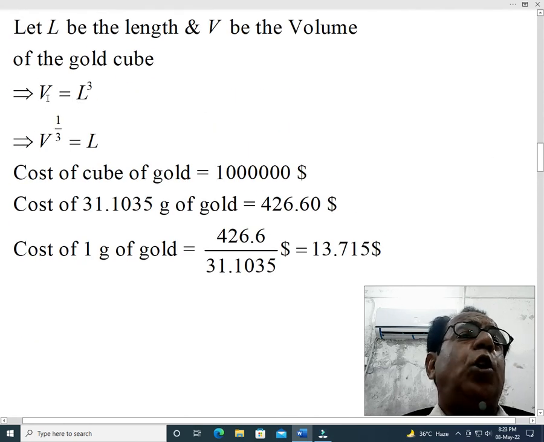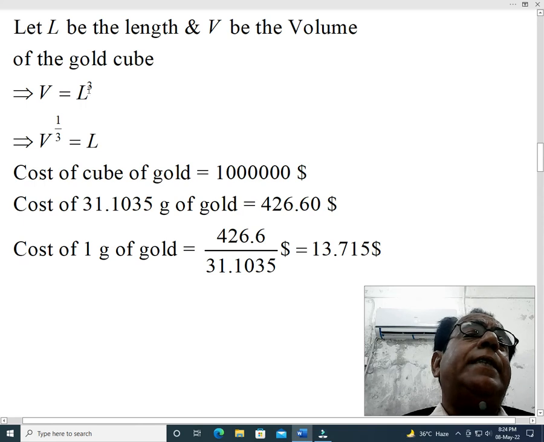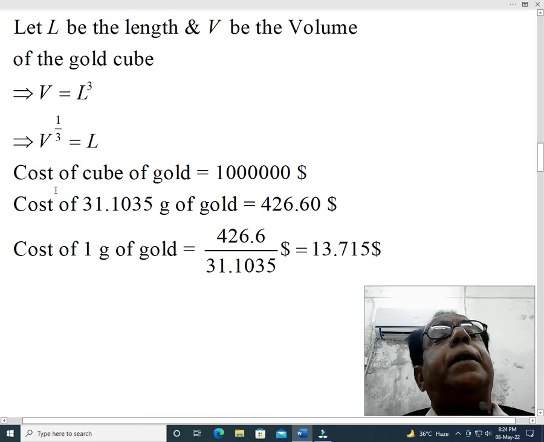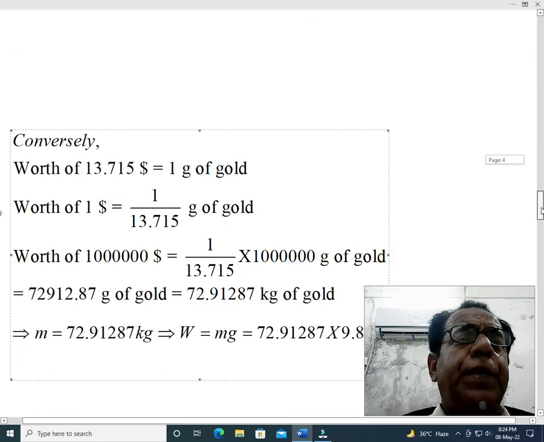Volume is equal to L cube, and cube root of volume is equal to L. Dear students, when we simply say cube it means power 3 raised to the power 3, but when we say cube root it means raised to the power 1 over 3, 1 divided by 3.